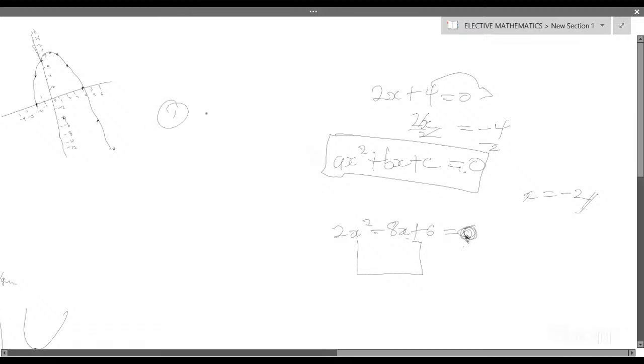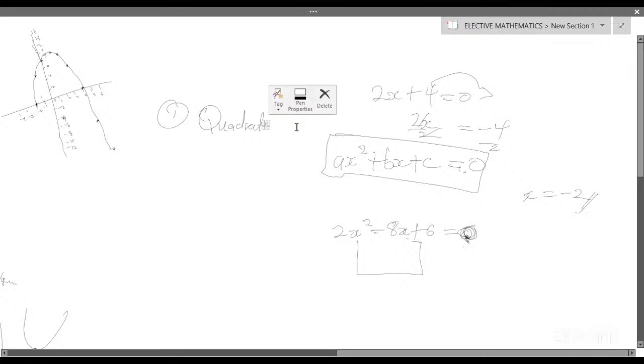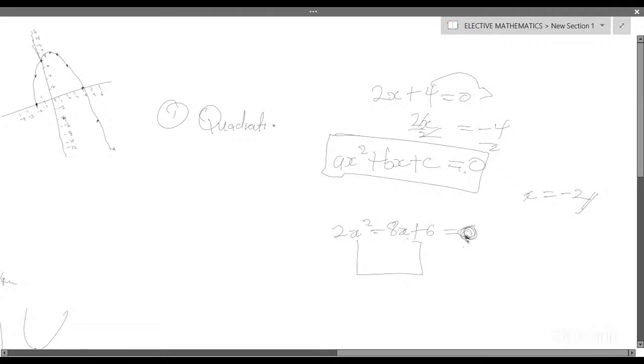We have the quadratic formula. Then we have the difference of 2 squares.